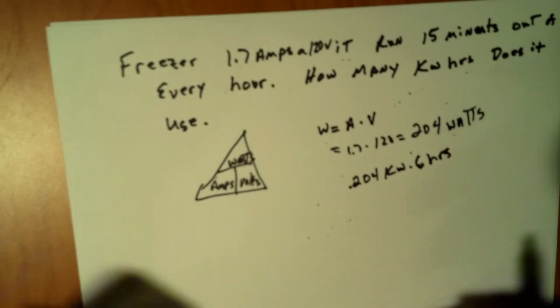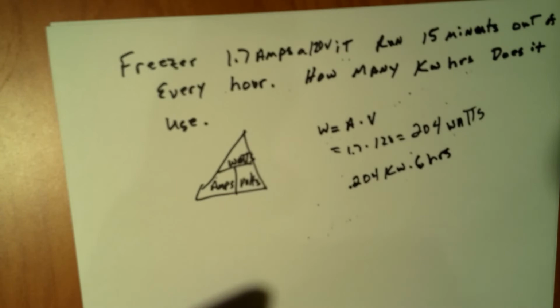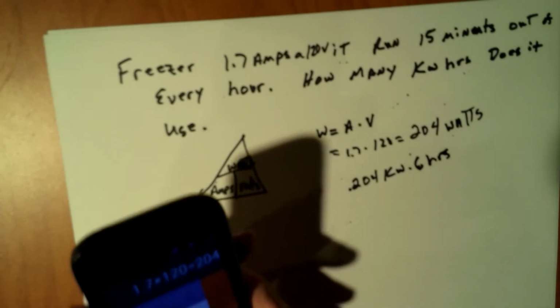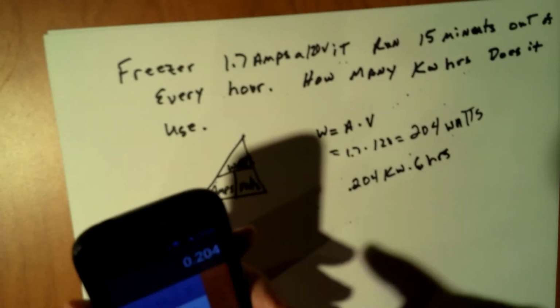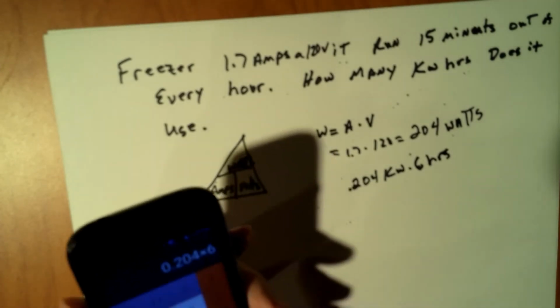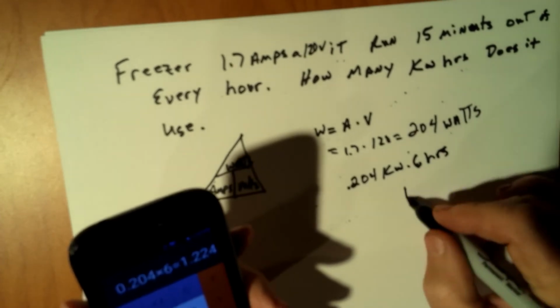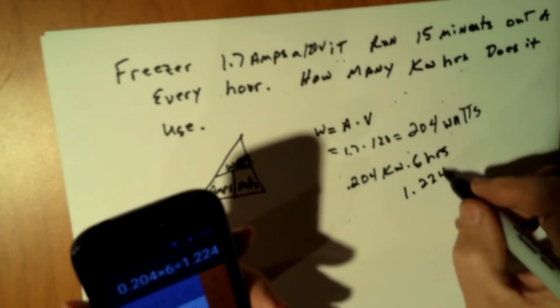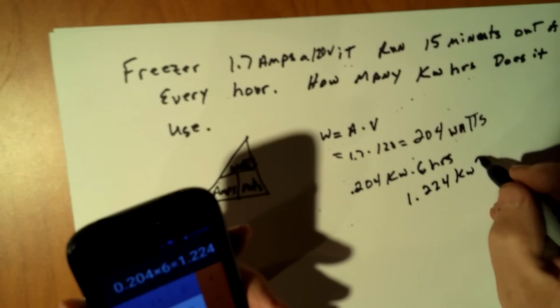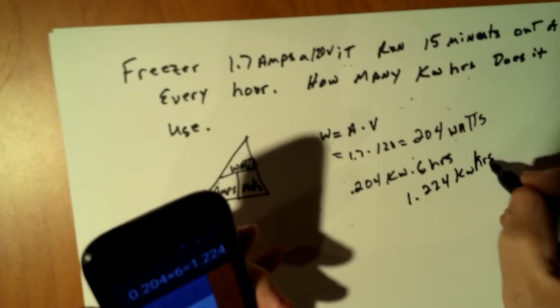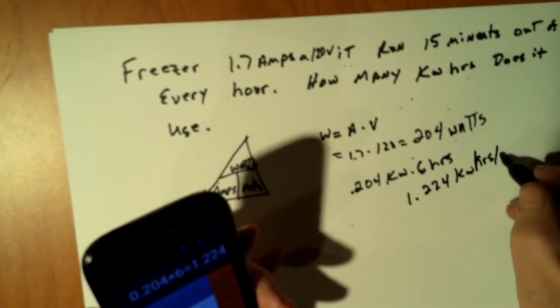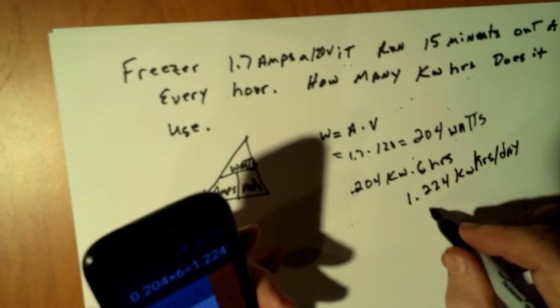So if you multiply that out, 0.204 times 6 equals 1.224 kilowatt hours per day, times 30.